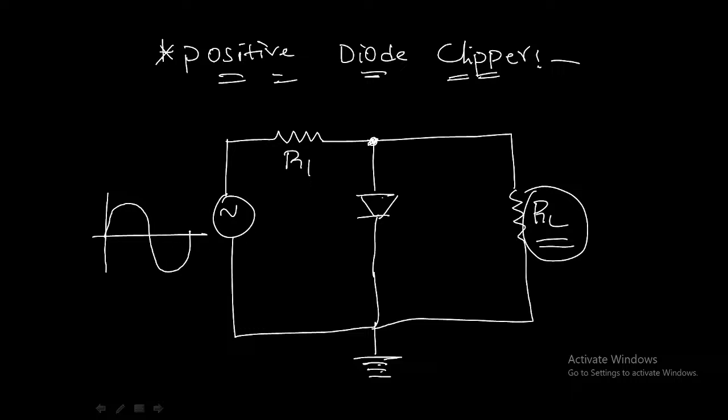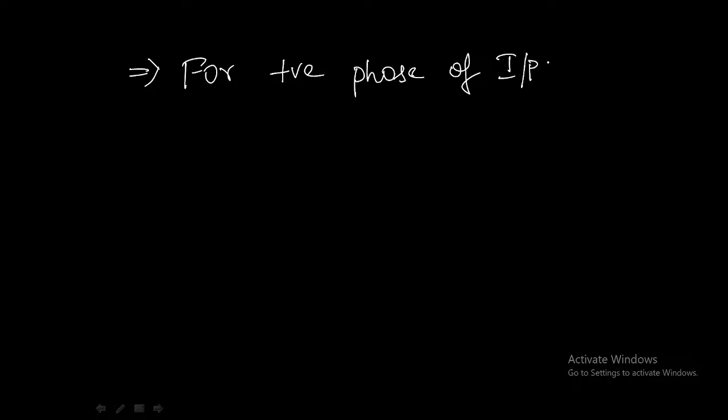And for the negative half cycle of the input, it works as reverse bias. I will write it here. For positive phase of input, the diode will be in forward bias condition.